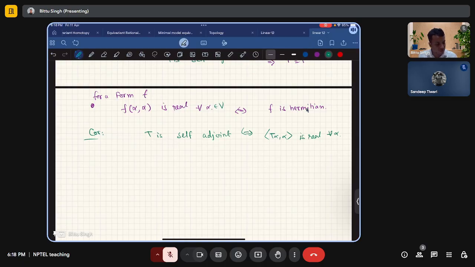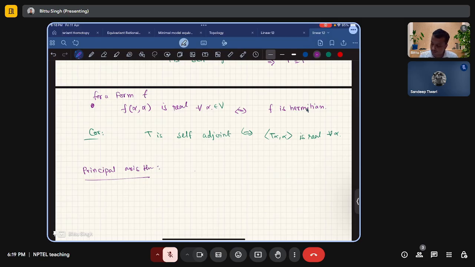Another thing is called the principal axis theorem. This theorem says, given a Hermitian form F, it has a diagonal matrix representation.